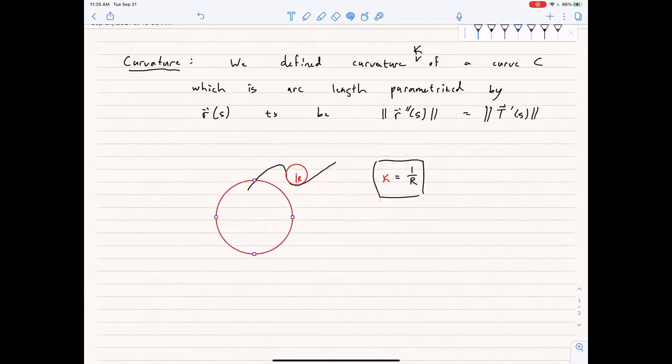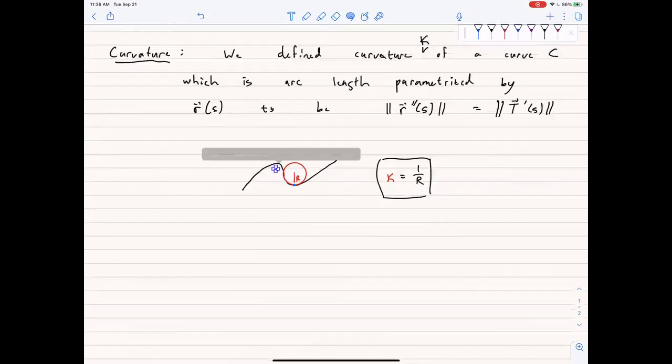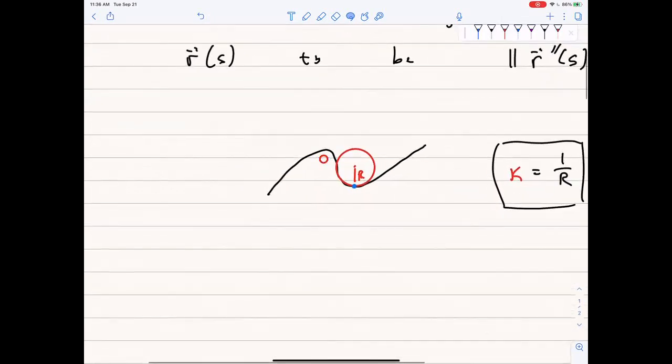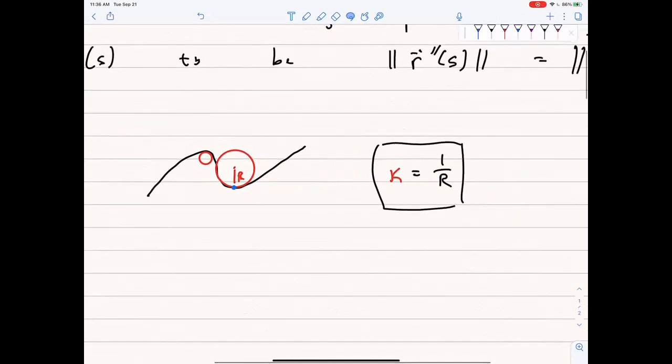On the other hand, if you go to a different spot where you're really turning, way up in here, you need a very small circle to get the perfect fit. The circle is going to vanish. So here you have a very small radius, and of course your curvature becomes very large. 1 over some very small number is very large.